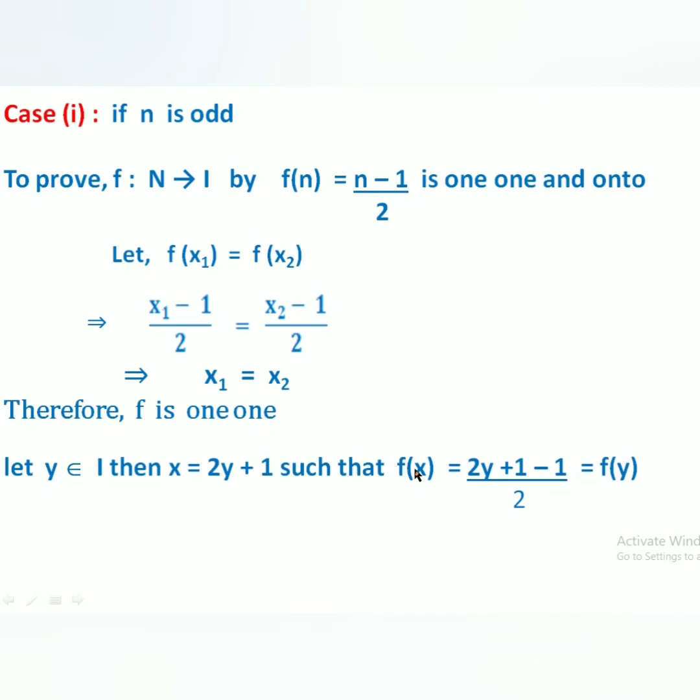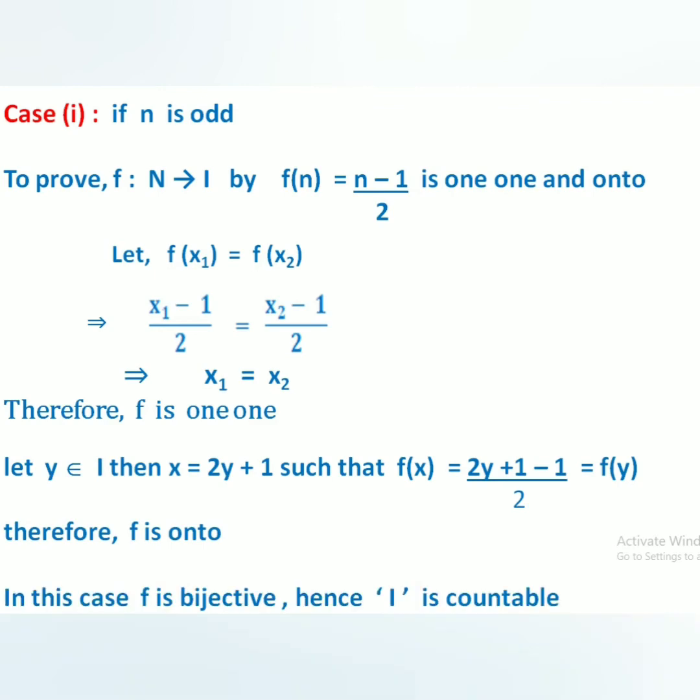We get f of x equal to y. Therefore f of x equal to y for every y belonging to I and x belonging to N, so the mapping is onto. In this case f is both one-one and onto, therefore we can say that f is bijective, hence N is equivalent to I, therefore I is countable.